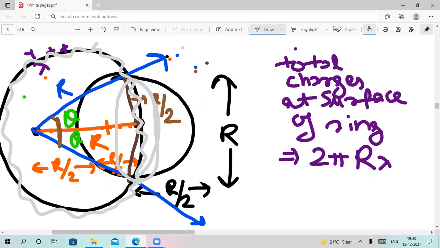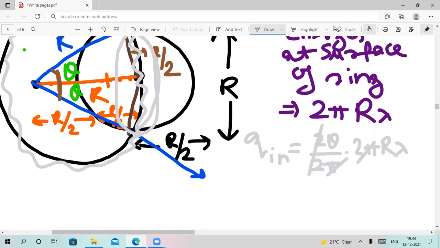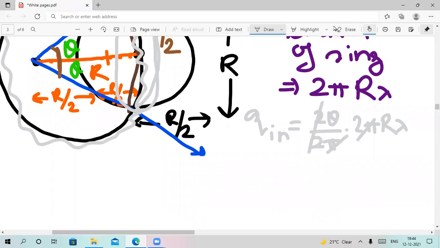So the total amount of inside charge, or Q_in, in the sphere is 2 theta divided by 2 pi of 2 pi r lambda. Okay, so canceling this 2 and 2, canceling this pi here, Q_in will simply be 2 r lambda theta.